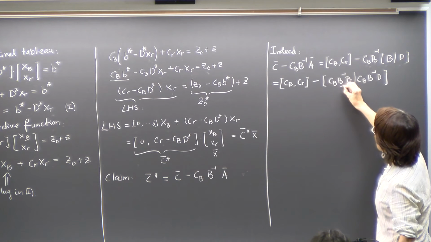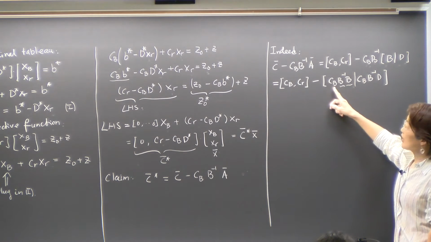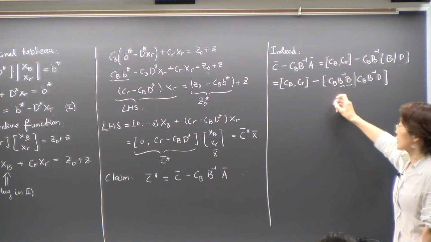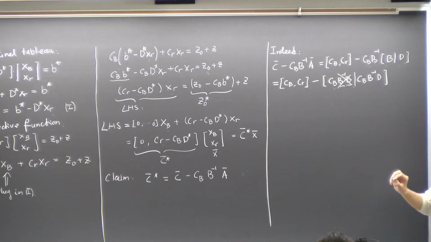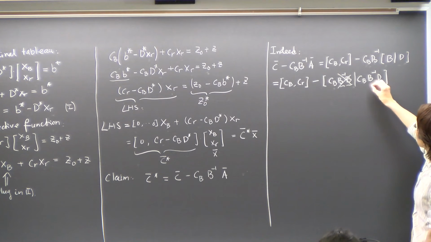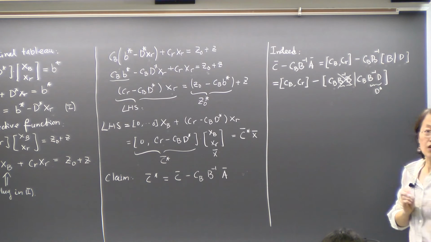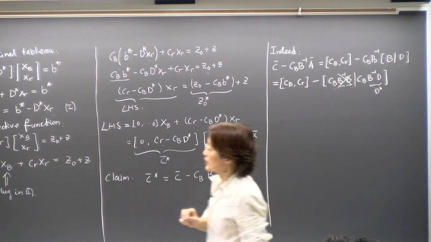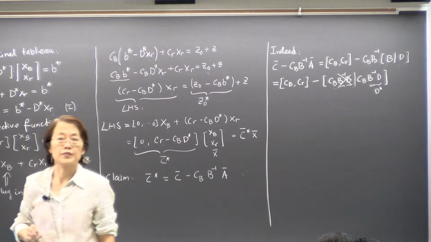I have this B inverse multiplied by B, which will give me identity. Is that right? And identity multiplied by any vector gives you this vector. It's like 1, so I can cross it out. It doesn't do anything here. And I also know that B inverse times D, isn't this what we call D star? That's what we had here, D star is B inverse times D, right?